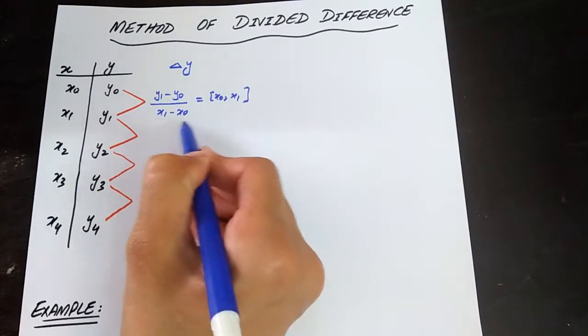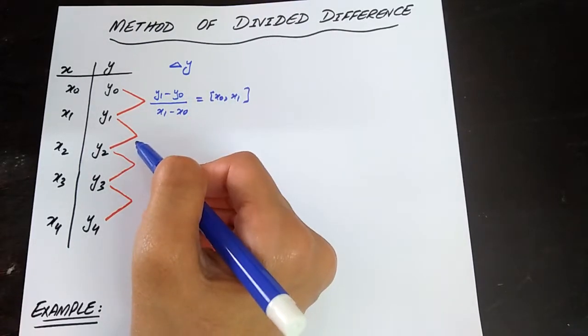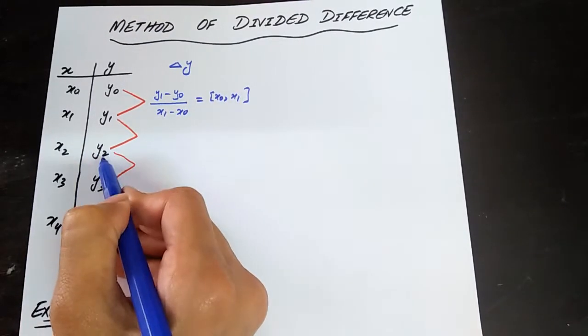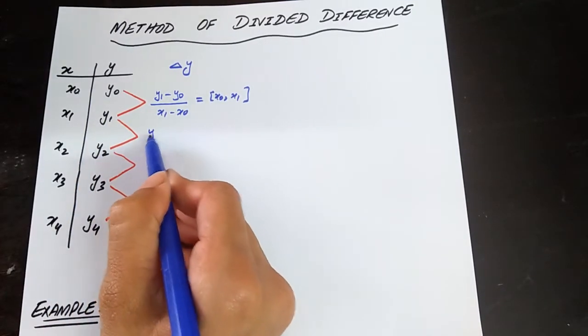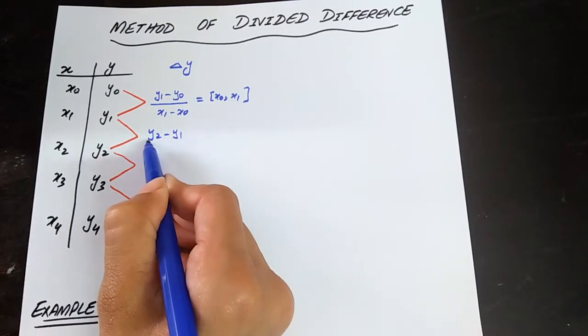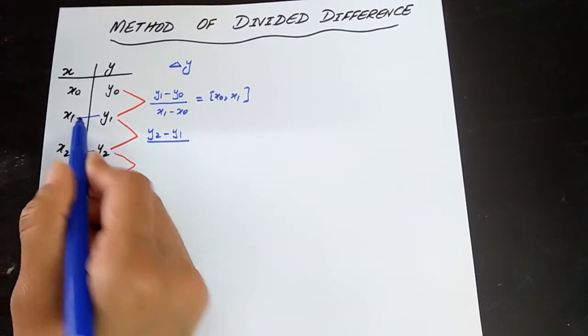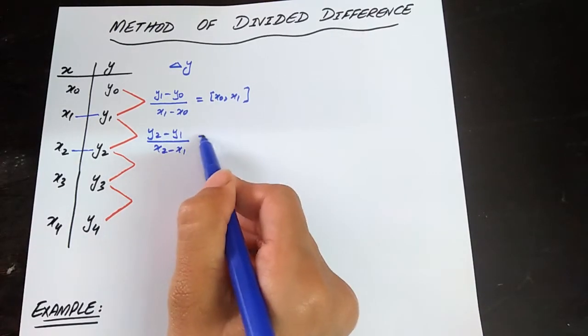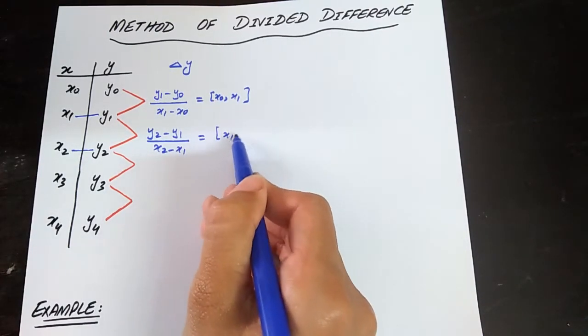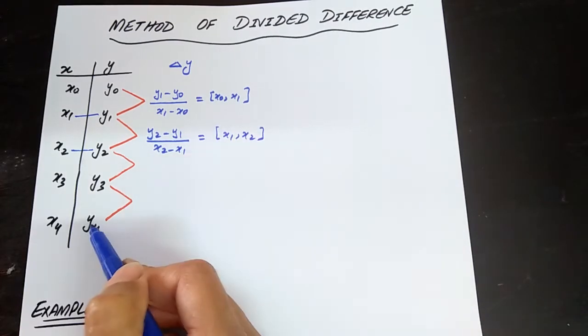This will be a numeric value. Now, the second values, y2 and y1. The difference will be y2 minus y1 divided by x2 minus x1. Let's name it x1, x2.